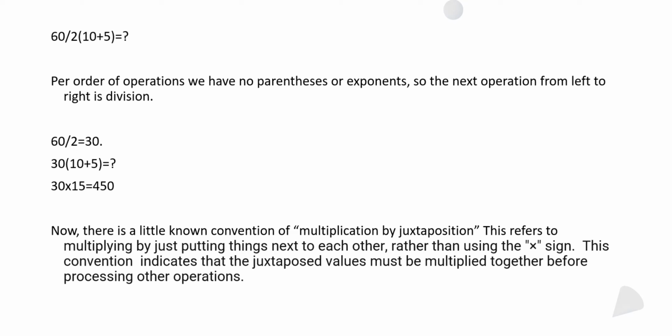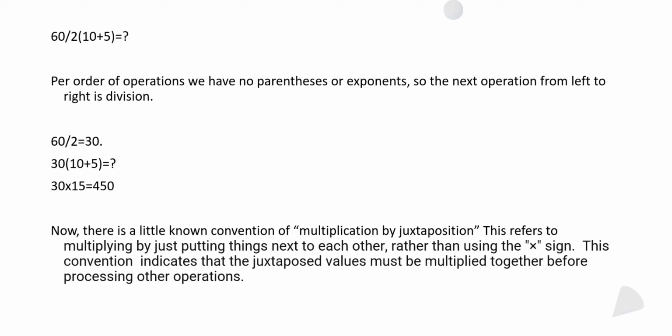Now I'm going to throw this in because there is a little bit of ambiguity in this problem. This is going to cause some arguments with people whether or not they believe in this convention. But there is an agreed upon convention that's been around for a long time also that's called multiplication by juxtaposition. And you can talk to someone who's more of a mathematician about this.